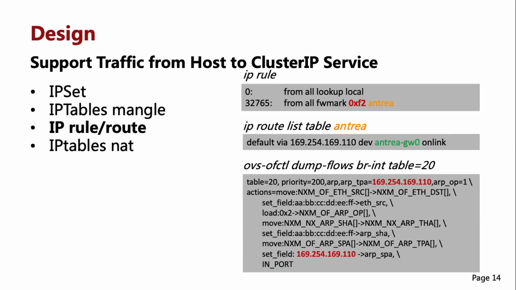I'm not sure you got my question or not. I can repeat. Once we add these iptables rules and IP route rules, if we don't stop kube-proxy, what will happen? Will kube-proxy intercept the ClusterIP service traffic, or will the traffic still go to Antrea proxy?